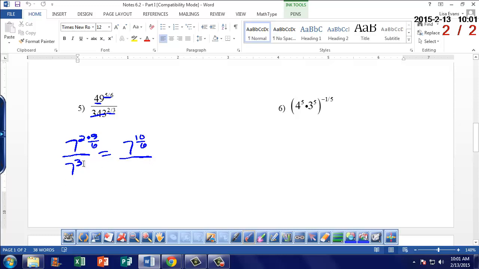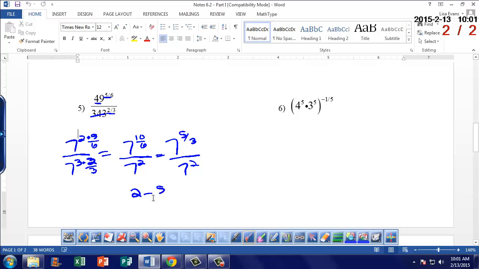Bottom, we're going to multiply by 2/3. So I get 7 squared. Now, you can look at this a little simpler. I like to look at it, I can take a 2 out of both of these. So I get 7 to the 5/3 over 7 squared. And then you're dividing like bases, so you're going to subtract the exponents. 2 is actually bigger than 5/3, so 2 minus 5/3.